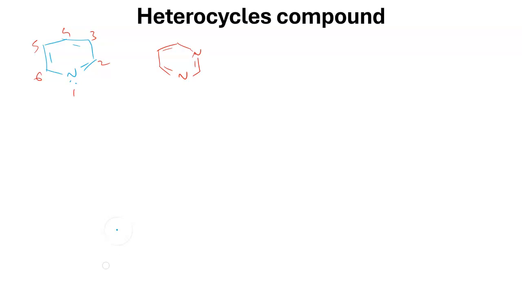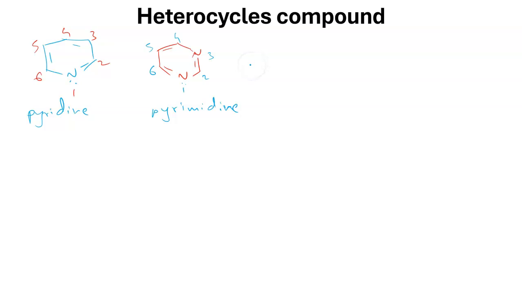Again, we can start numbering from any heteroatom, that is nitrogen. So we will start from here, 1, 2, 3, 4, 5, 6. The name of this compound is pyridine, and this is pyrimidine. It is pyrimidine and pyridine. So the ending refers to nitrogen.